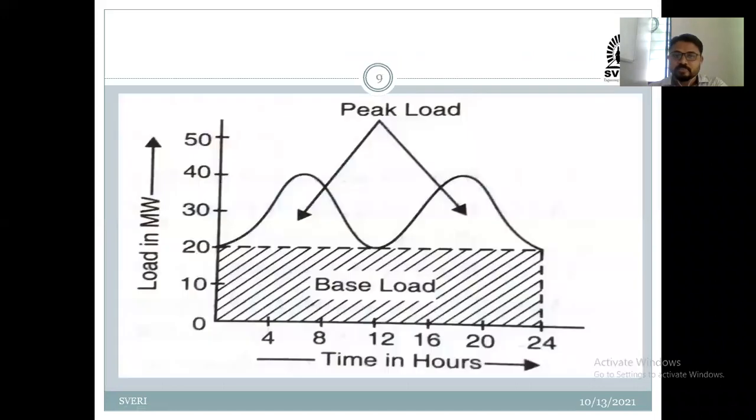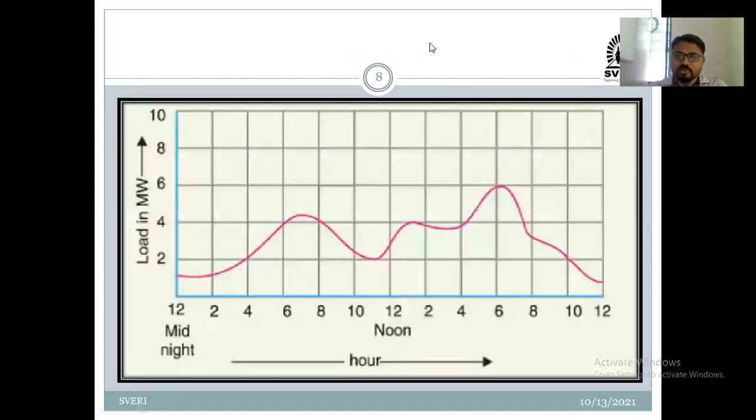See here, this is my load curve and the area under the load curve.